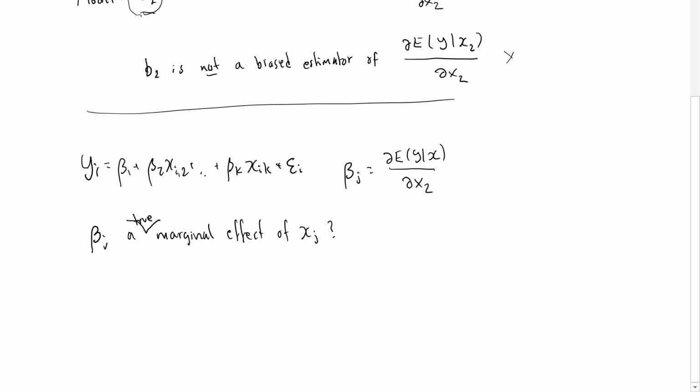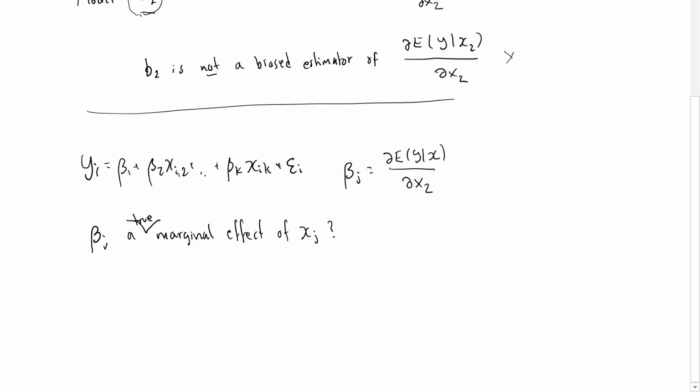And by that I mean, does beta j answer the question, what happens to the expected value of y when I increase xj by 1 unit and I keep everything else at the same level? Not just the x variables in my regression model, but everything. That's really what we mean by the marginal effect.